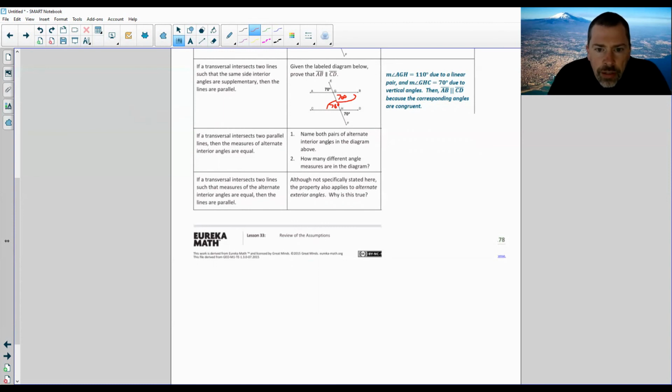Name both pairs of alternate interior angles in the diagram above. Okay, so if I name them, angle AGH and angle EHD are alternate interior. That's here and here. And angle CHG here, and angle BGH, which is here. So there are different ways we can name them.